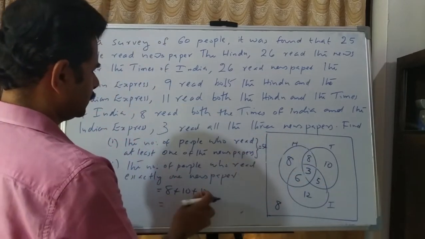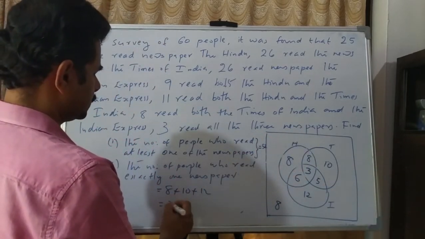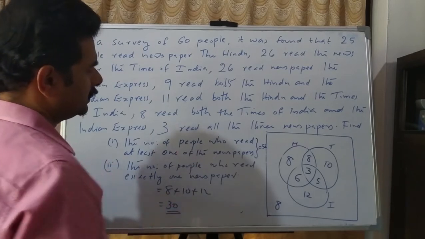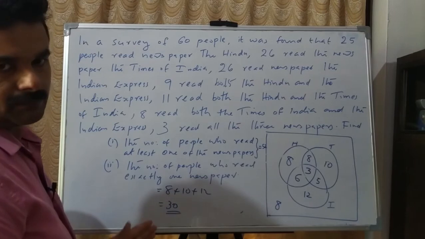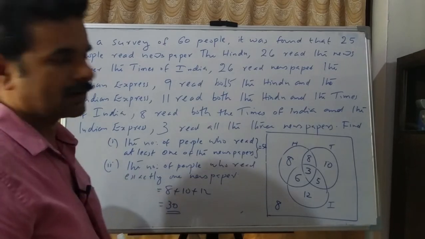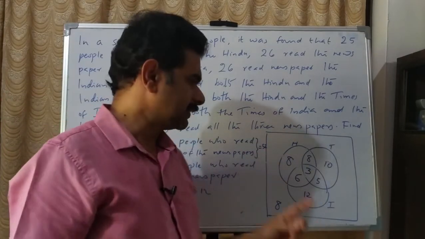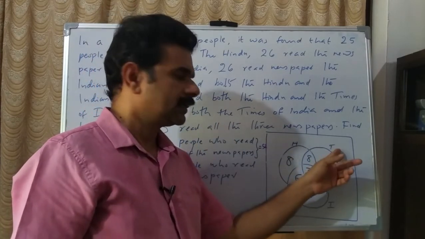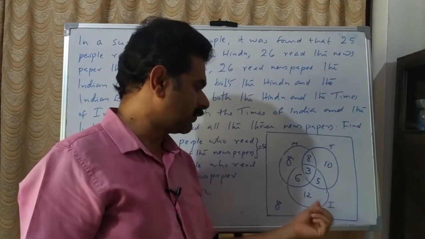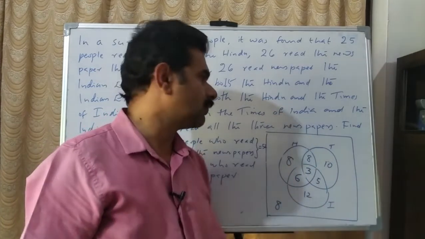So the answer is 30. So 30 people read exactly one newspaper. That may be either Hindu only or Times of India only or Indian Express only.